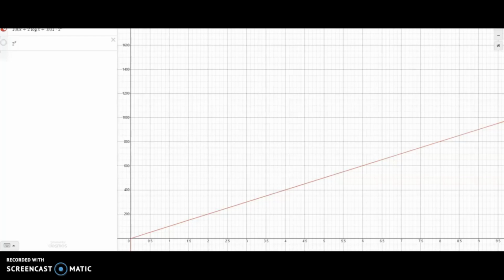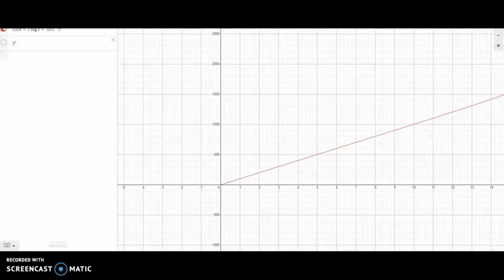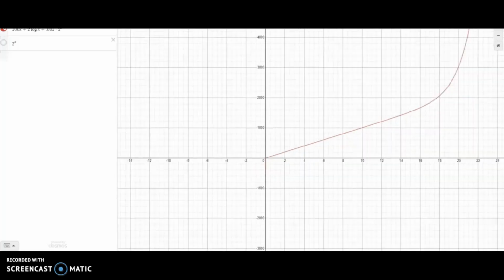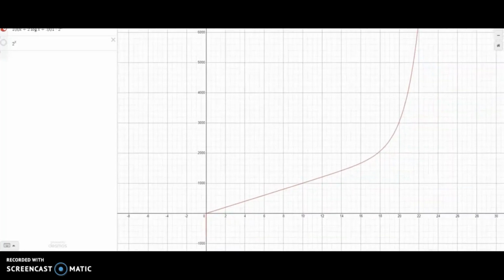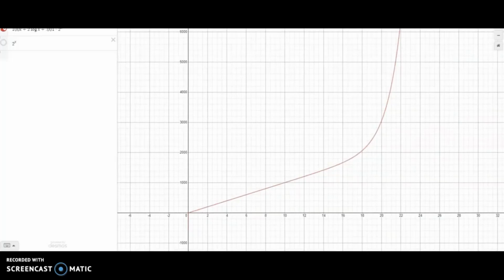So in the short term, this 100n is affecting the shape of this graph. But as I begin to zoom out, watch what happens. Suddenly, eventually, this graph becomes exponential. So we see that 100n is having some influence in the beginning shape of this graph, but as n gets sufficiently large, it behaves more like an exponential.